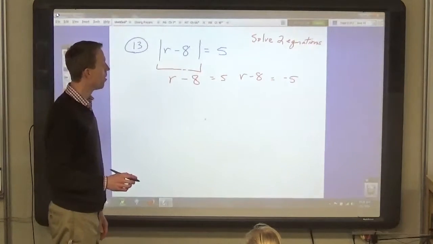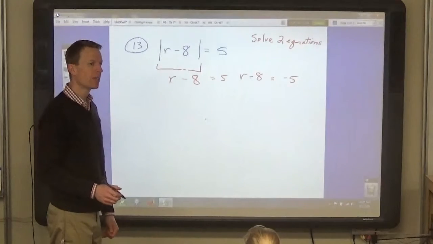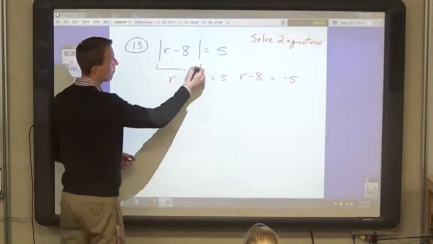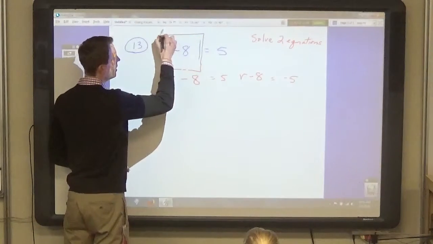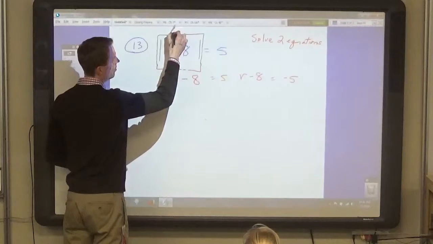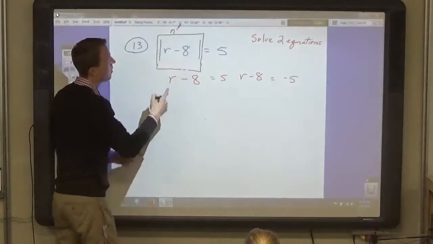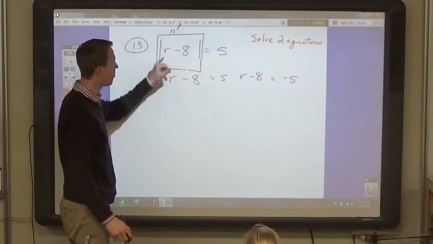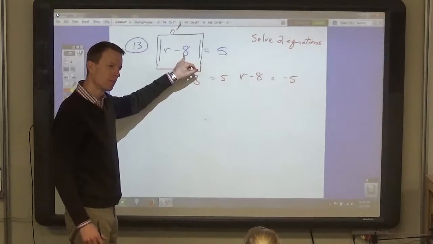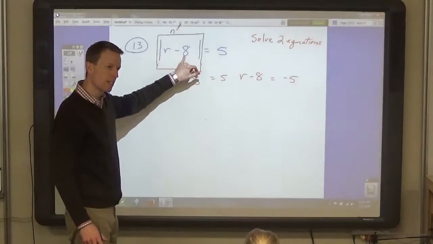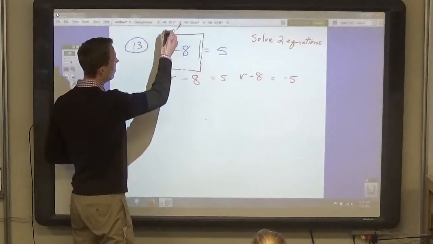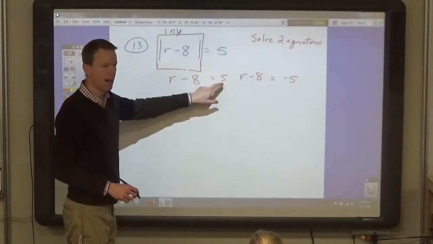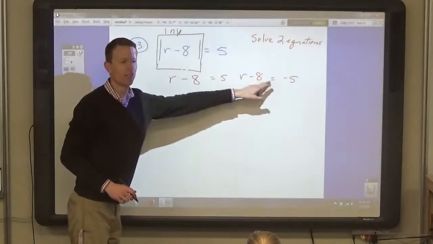Well, one way to think of this, and this might help you, Isaac, maybe it won't, is to think of R minus 8 as a number. Let's say that this equals n. If that equals n, then the absolute value of n is either 5 or negative 5.